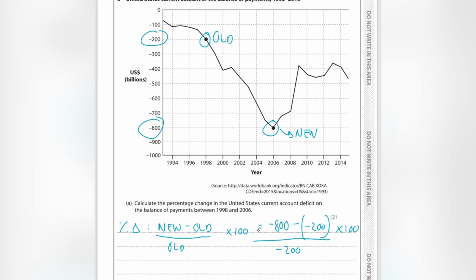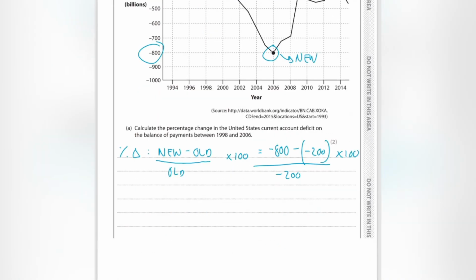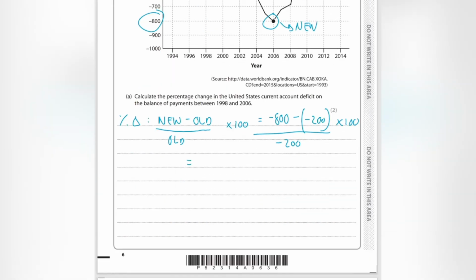Okay, new minus 800 minus old minus 200 divided by old minus 200 times 100. A lot of hundreds going on there. And if you type that into your calculator, you should get a 300% change. Okay, so that is the percentage change. It's going to be minus 600 divided by minus 200, so it is a 300% change.